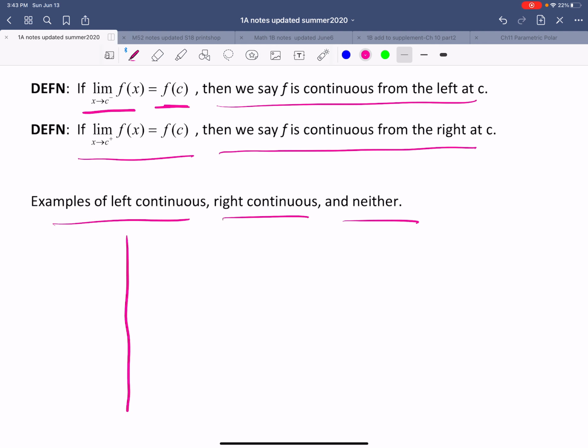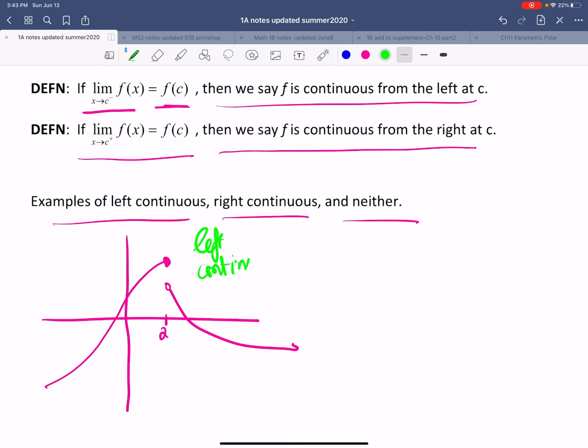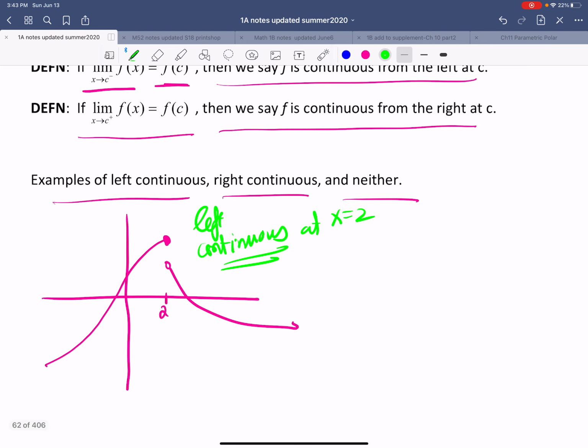So here's an example of left continuous. I'm just going to call this point 2. This function would be left continuous at x equals 2. Now we're going to see an example of right continuous. Again, I'm going to use something similar.